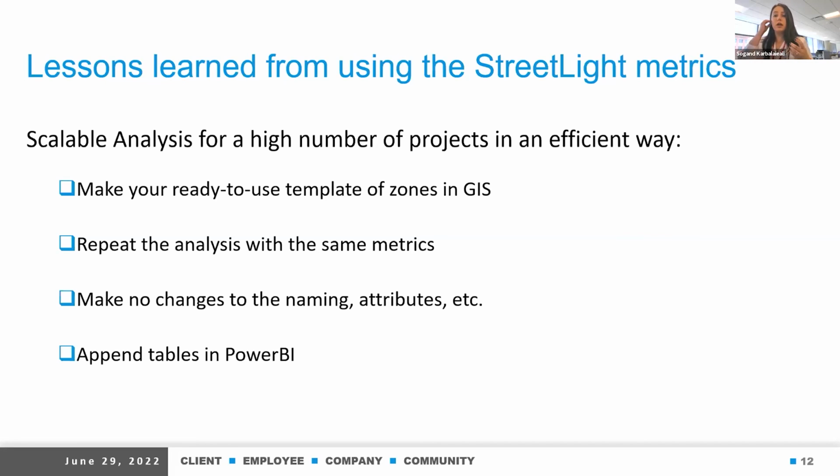You might use zip code or any other zoning that is efficient for this purpose. You're going to repeat the analysis with the same metrics in StreetLight and make no changes to the naming or attributes, because it will mess things up when you take them to Power BI. And then append tables in Power BI, which helps the efficiency of running the dashboard.